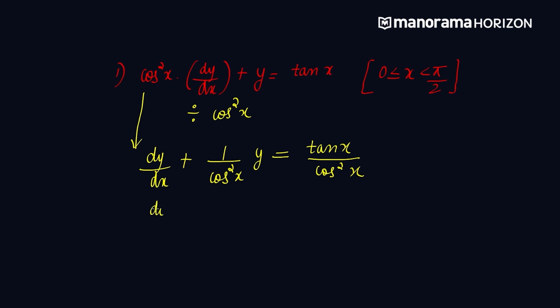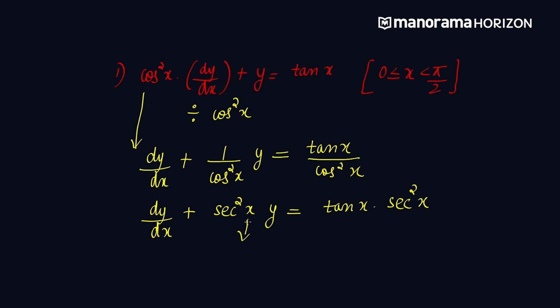Now this can again be written as dy by dx plus, what is 1 by cos square x? It is sec square x. So dy by dx plus sec square x times y is equal to tan x into sec square x.